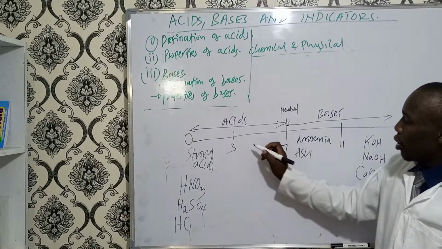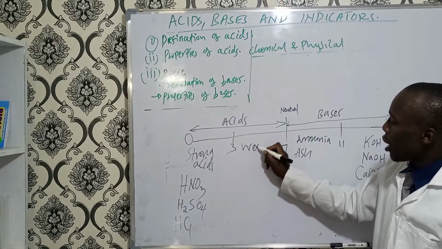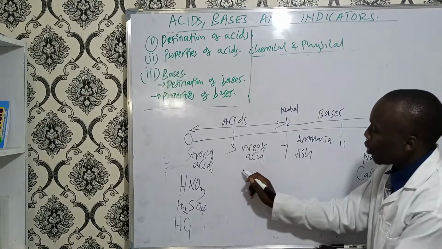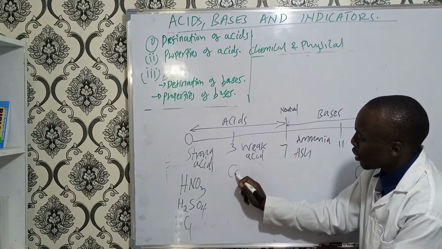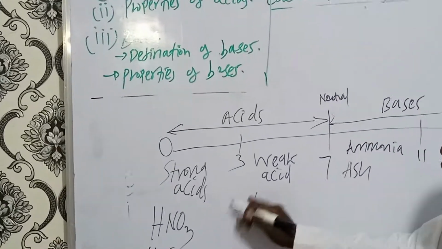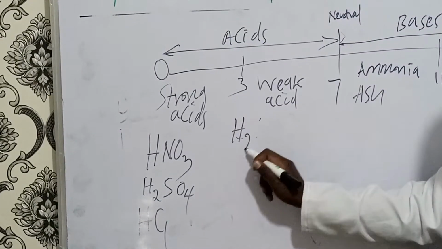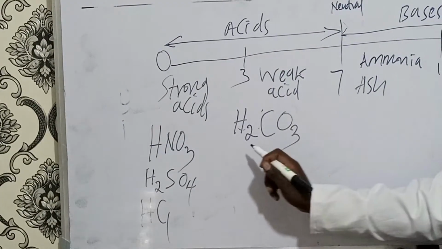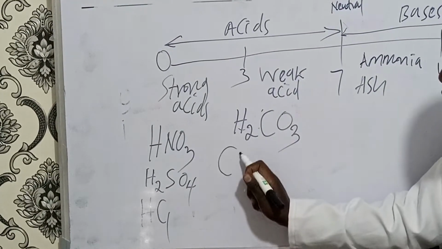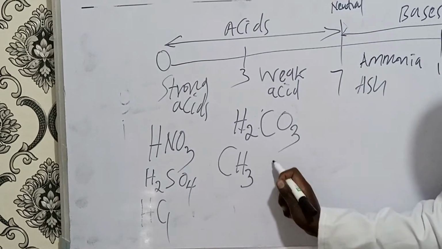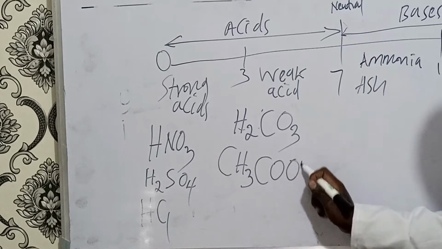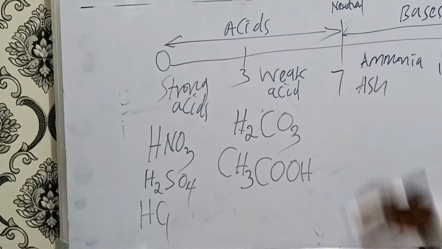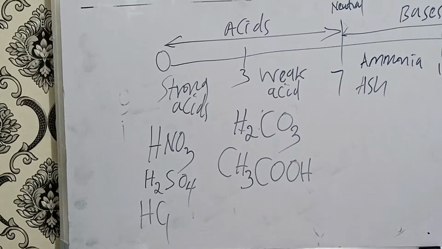On the side of weak acids, we have the examples of carbonic acid, that is H2CO3. This is carbonic acid. We have ethanoic acid, which is CH3COOH. These are just a few examples of weak acids and strong acids.